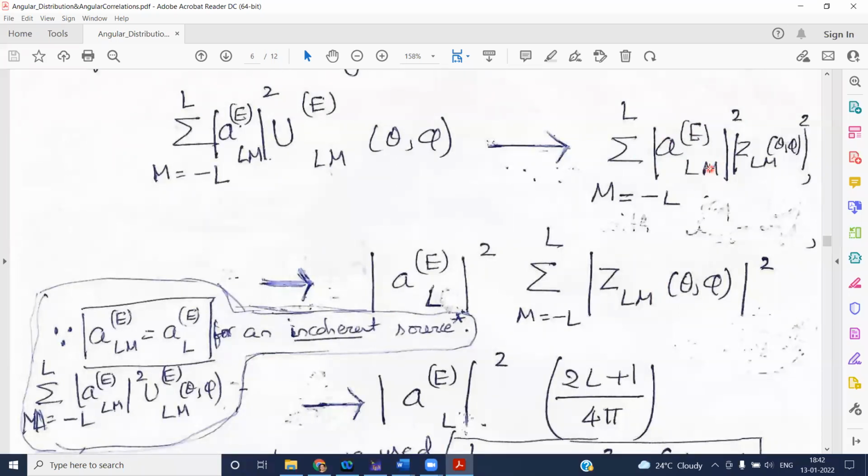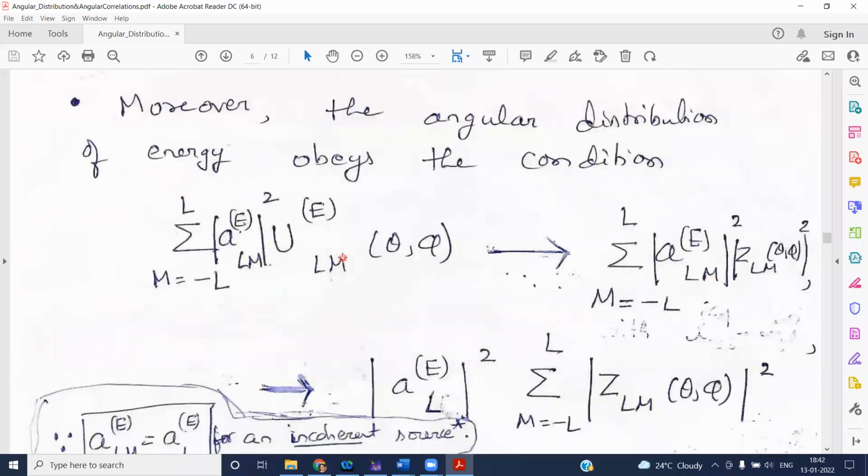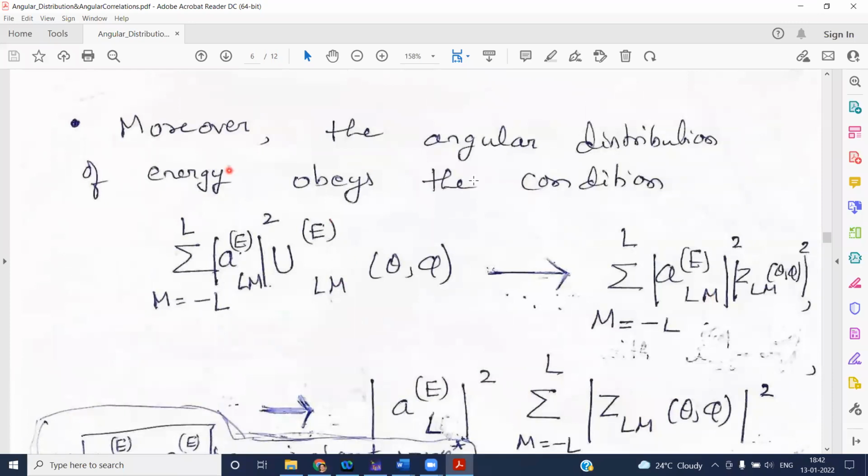Okay, let me repeat. I don't have my iScribe today because I left it in the department. What I am telling you is a mathematical result. Take the angular distribution of energy given by the quantity A_ELM mod squared U_ELM of theta phi.